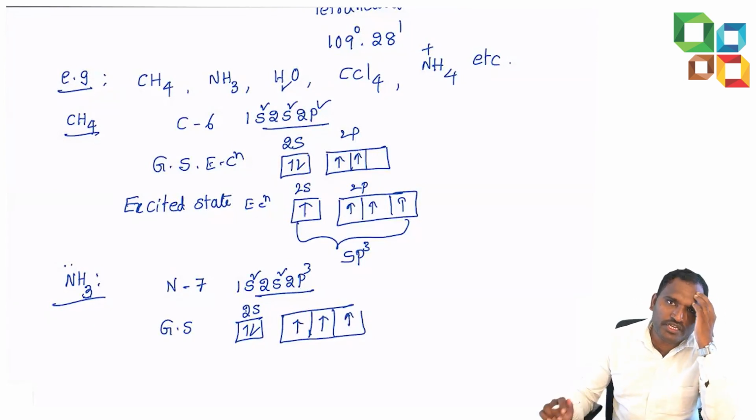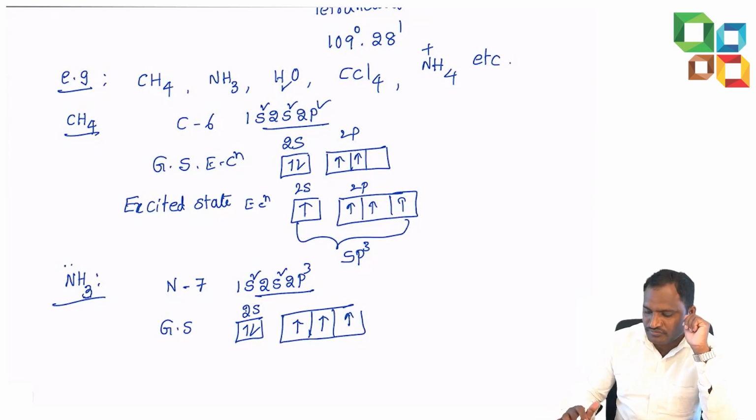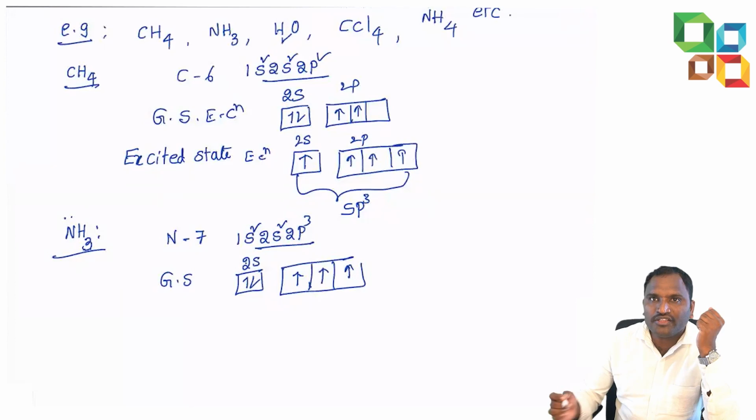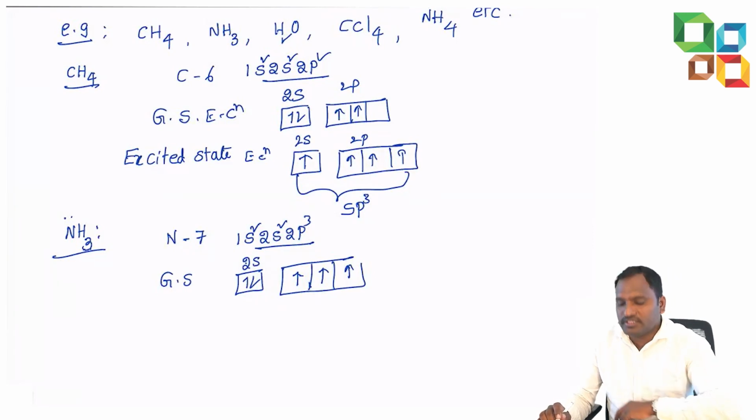How many unpaired electrons do we need? Here 3 unpaired electrons, that's the correct answer. We already have 3, the required number of unpaired electrons is 3, so no need to go for an excited state.